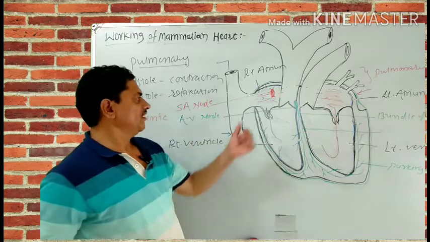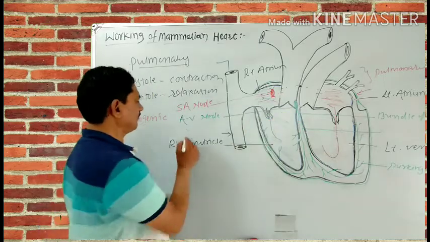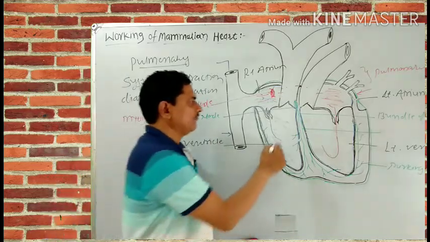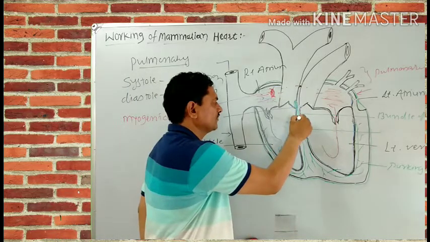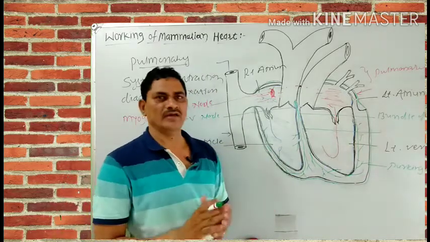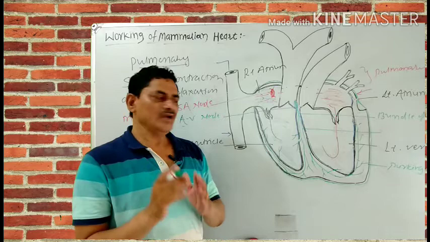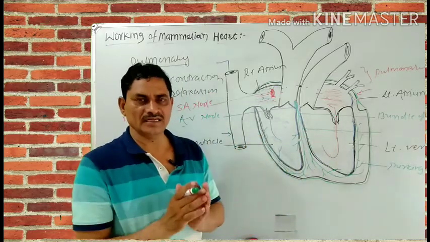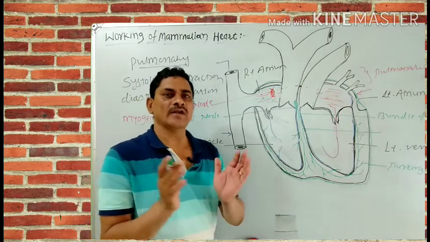Here, a wave of contraction originates from the auriculoventricular node. It passes into the bundle of His and then into the Purkinje fibers. When the wave of contraction reaches the walls of the ventricles, the ventricle contracts.